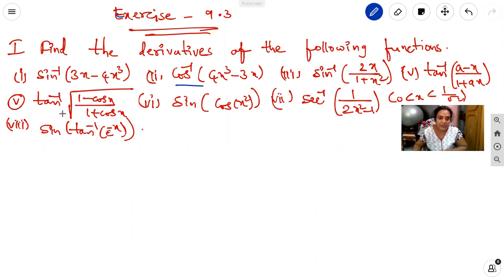Fifth one, tan inverse of under root of 1 minus cos x by 1 plus cos x. Sixth one, sine of cos of x square. Seventh one, sec inverse of 1 by 2x square minus 1. Eighth one, sine of tan inverse of e power minus x.